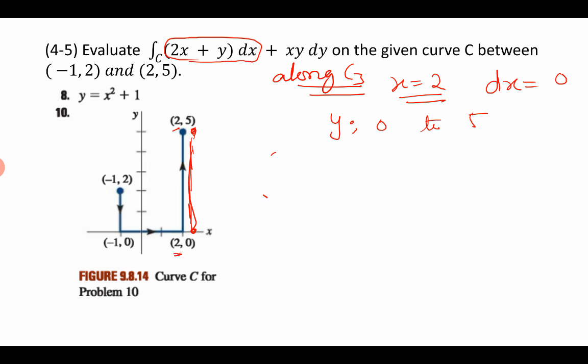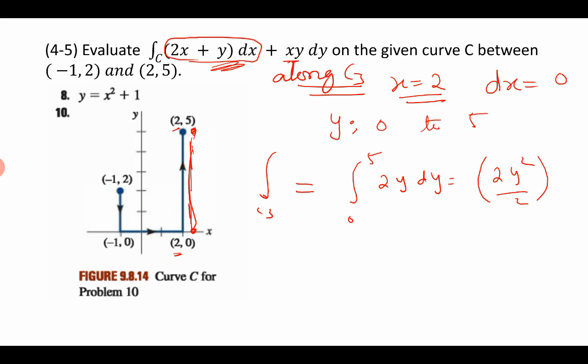So along C3, what do you get? Integration 0 to 5. First part is 0. Second part, x is 2, y is variable: 2y dy. 2y square over 2 from 0 to 5. 2 can be cancelled.